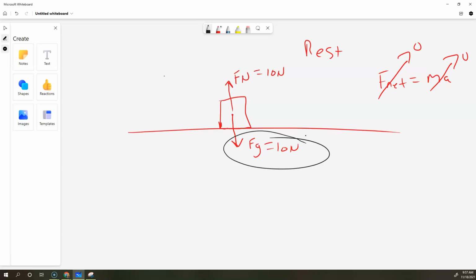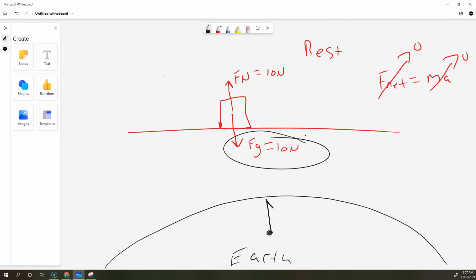But if that mass is on the Earth, and let's pretend the surface of the Earth is way down here. Here's the Earth. Maybe this thing was up on a desk. Well, then there is a force upward on the Earth of 10 newtons. What? That's crazy. Yeah. You're a 150-pound person because the Earth pulls down on you with 150 pounds.